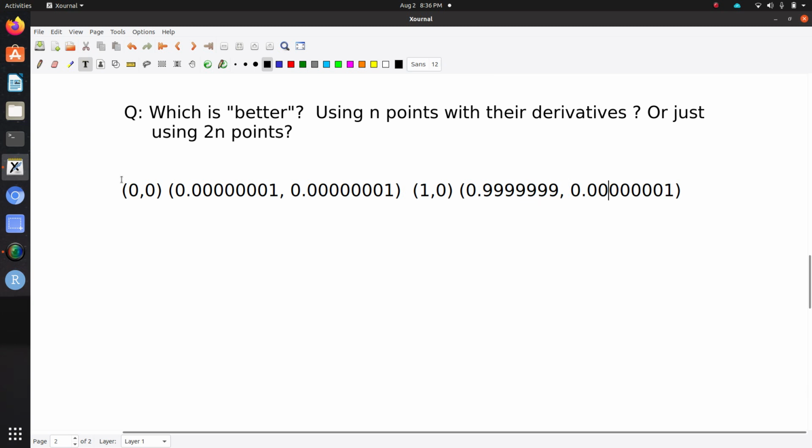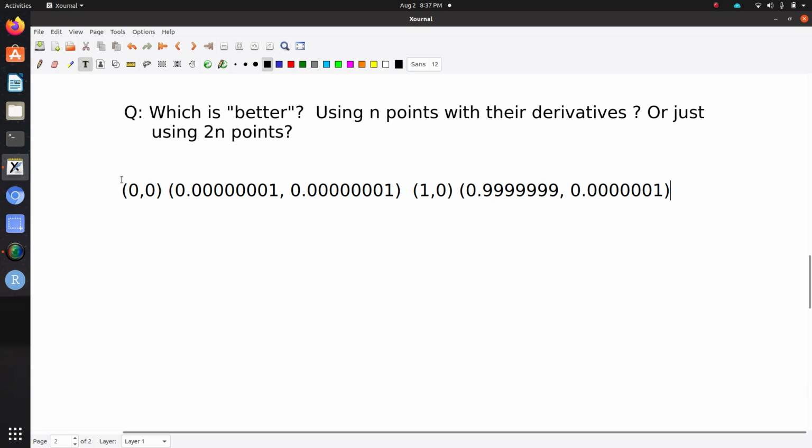That's the 7th position. 1, 2, 3, 1, 2, 3. I think I'm off by 1. That's supposed to give you a slope of -1 there. Okay, so if you did that instead of what we just did, you would get pretty much the same exact result, but it would be off by a smidge.